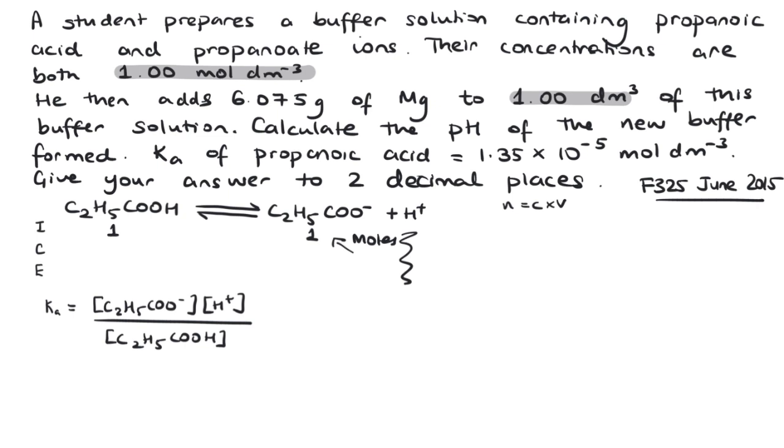propanoic acid. It's important again to write down an equation for that reaction so that you can see what is the molar ratio between the 2 reactants. So magnesium will react with the acid, C2H5COOH plus Mg, and this will give us the salt, magnesium propanoate, and because magnesium belongs to group 2 it will have a 2 plus charge, and the propanoate ions have a negative 1 charge.